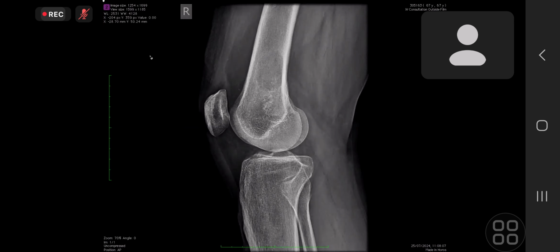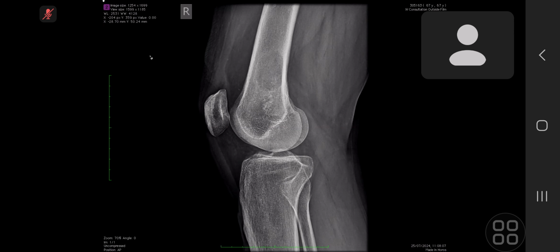So based on these appearances, my differentials would include, I'd like to include a possibility of metastasis, considering the patient's age is around 67 years.